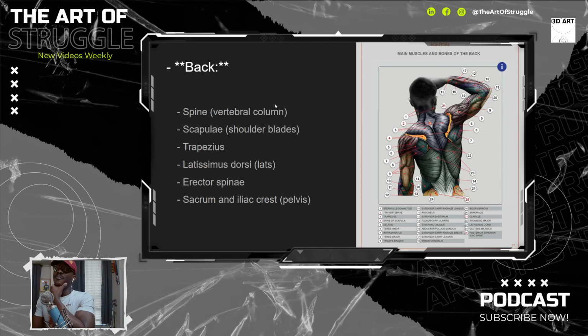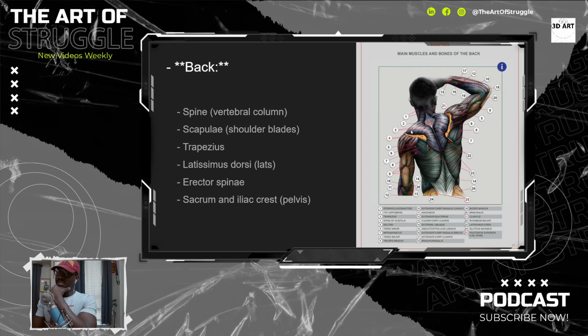All right, so now let's turn this around. Let's go to the back. When we're talking about the back of the anatomy, we're talking about the spine, the vertebral column that is right here. The scapula, our shoulder blades, they're right about here.